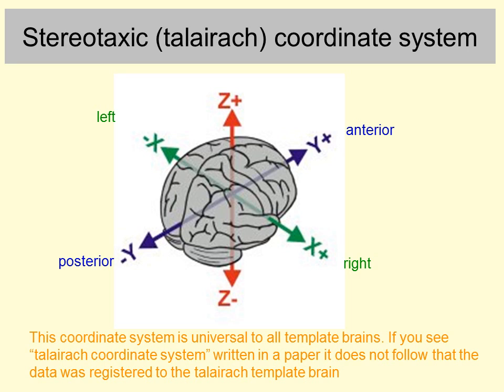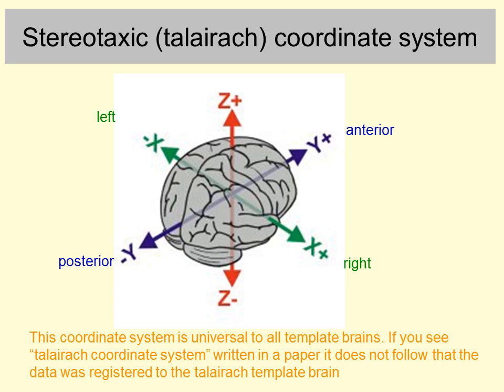But things have moved on, and we now have better template brains, such as the MNI template brain, which is a much more scientific approach to having a template brain, because it's based on the average brain made across quite a few individuals, and they still use the same coordinate system for the MNI brain, i.e. the stereotaxic or Talairach coordinate system, but within a better template brain.